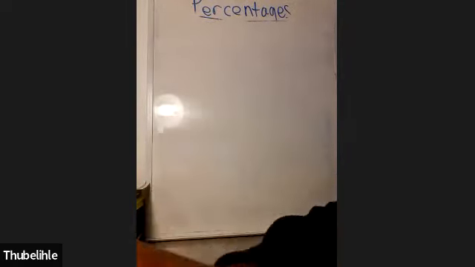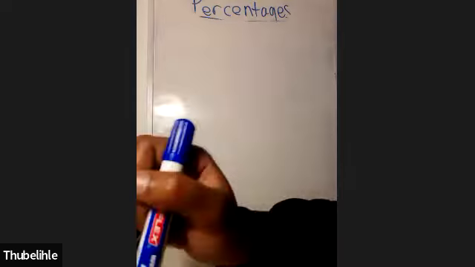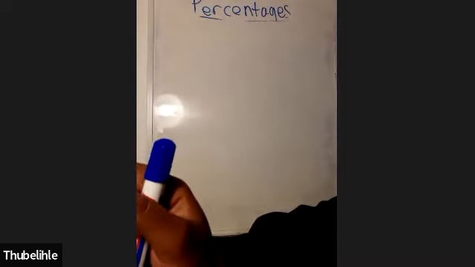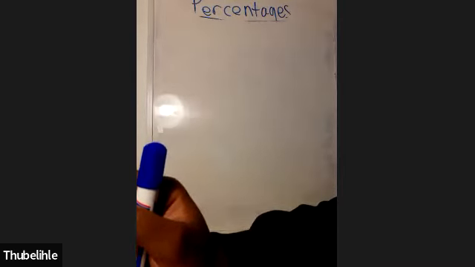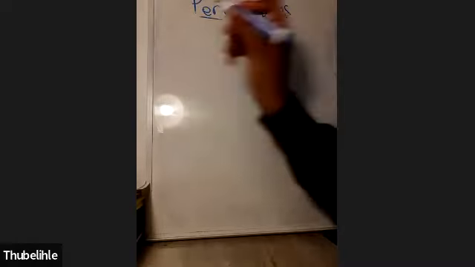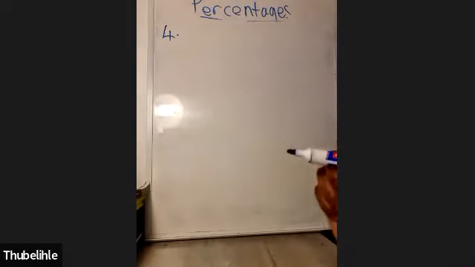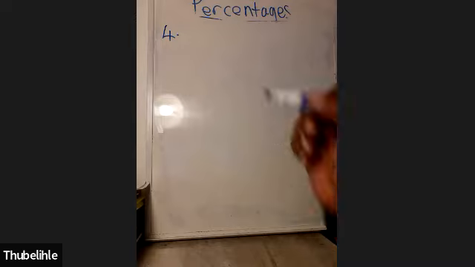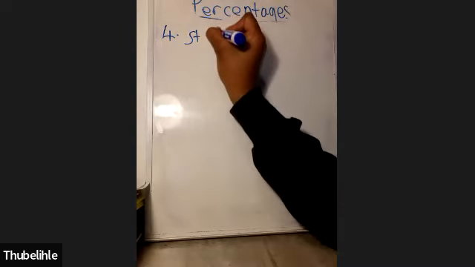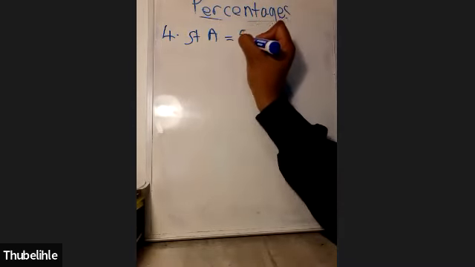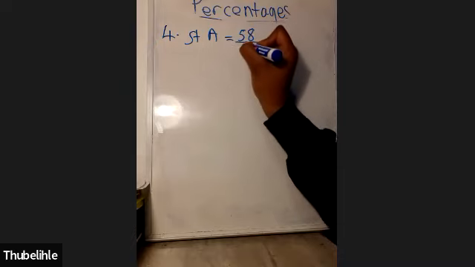Is there anyone with any questions on what we've done so far before we do the story questions, question 4 and 5? All right. So question 4 says, in a class test, student A scored 58 out of a total of 90.